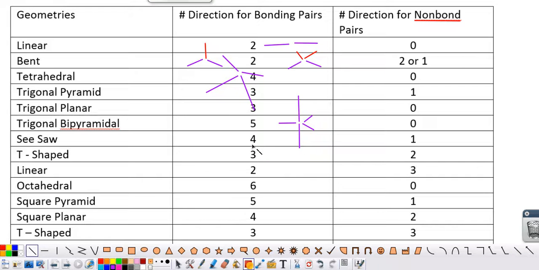Seesaw is one of these, but it's 4 in 1. So 4 directions and 1 that's switched over. T-shaped is 3 and 1, 3 and 2, or these 2 are gone. Linear is 2 and 3. Get rid of the 3 spokes around the middle and replace them with just electrons.